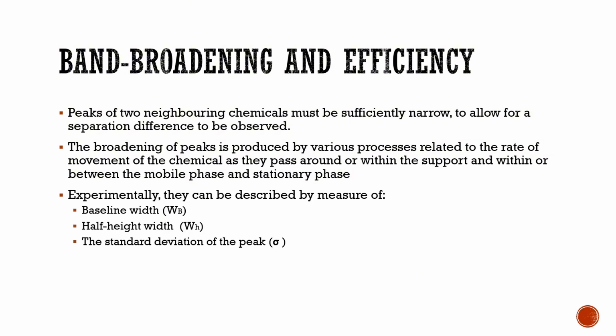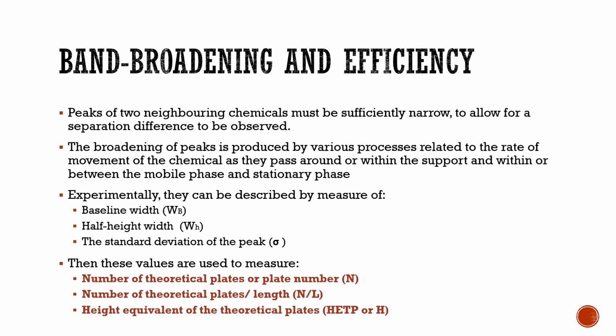Experimentally, they are described with these definitions: baseline width, half height width, and the standard deviation of the peak. I will not go into the details of these terms, but you need to have an idea about them. These values are used to measure the number of theoretical plates, the column length, and the height equivalent of the theoretical plate.